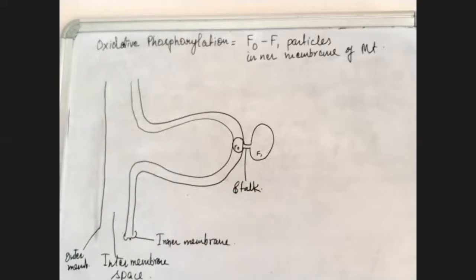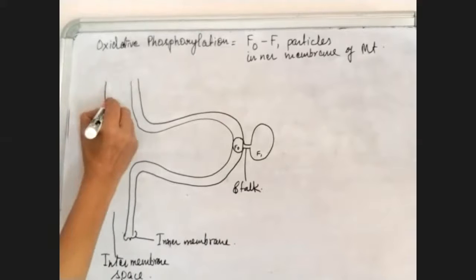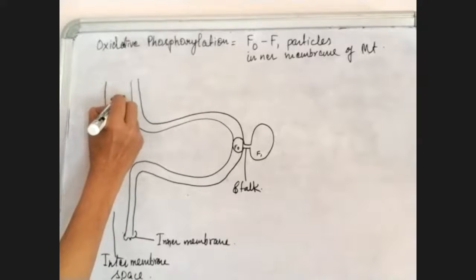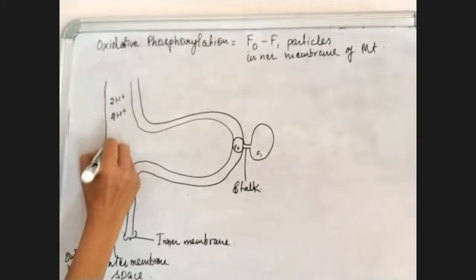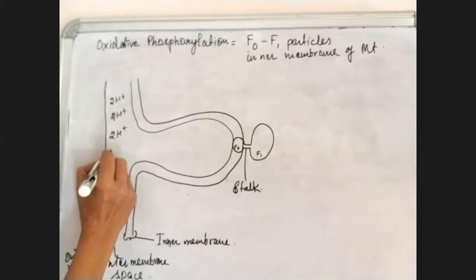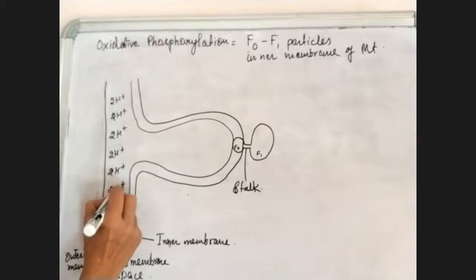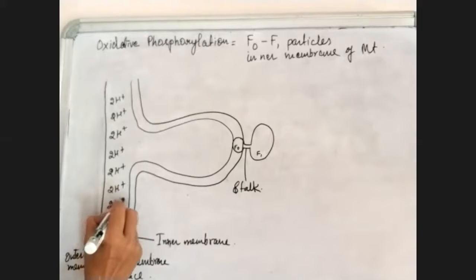Now, what happens? The intermembrane space has high protons. A number of protons are present here. The proton gradient has developed when the number of protons has increased in the intermembrane space.